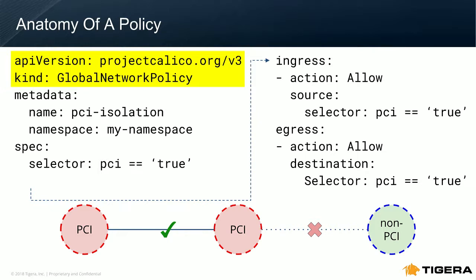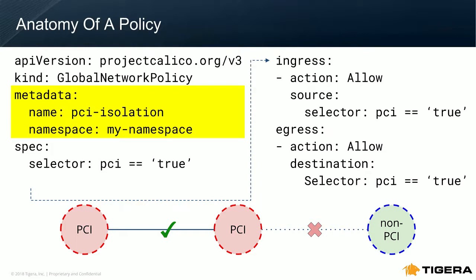So we can create a network policy where I'll walk you through each of these. It's a global network policy, gets applied everywhere. And the name is PCI isolation. It's put in something called a Kubernetes namespace that further scopes it down potentially.